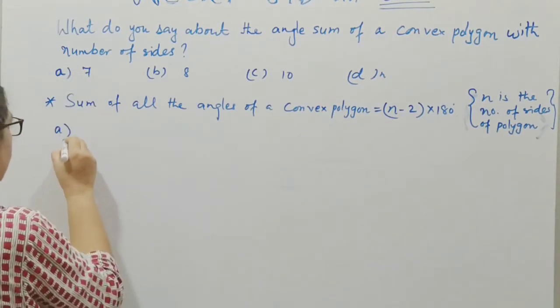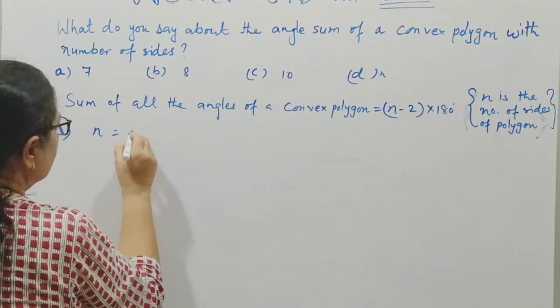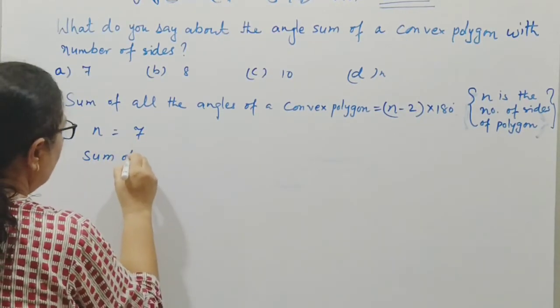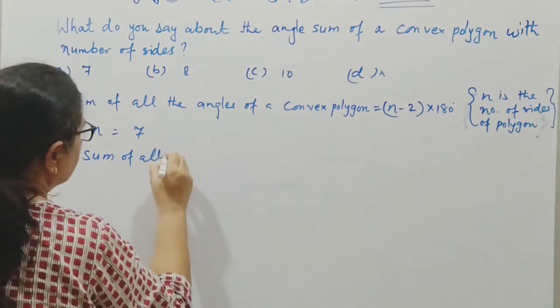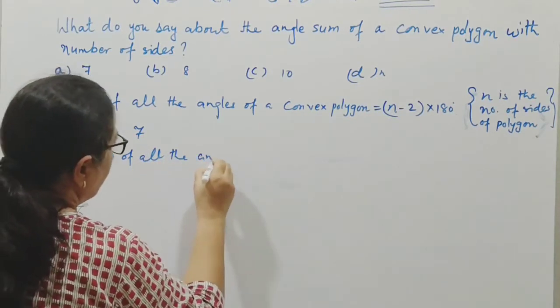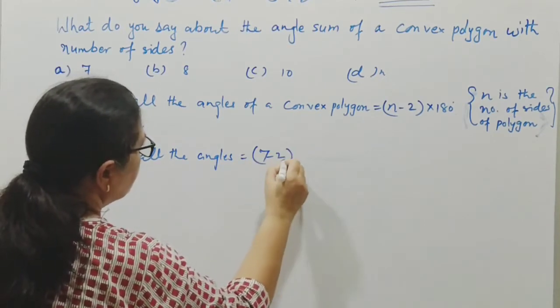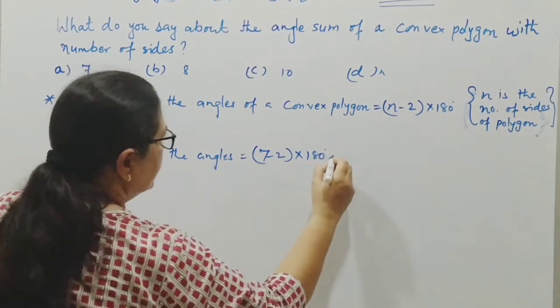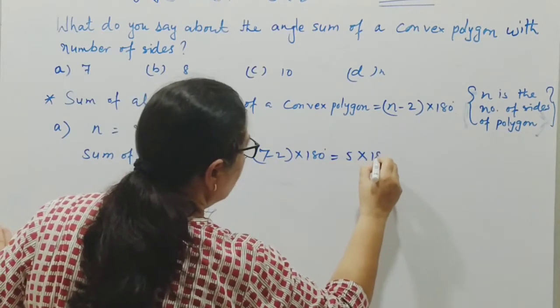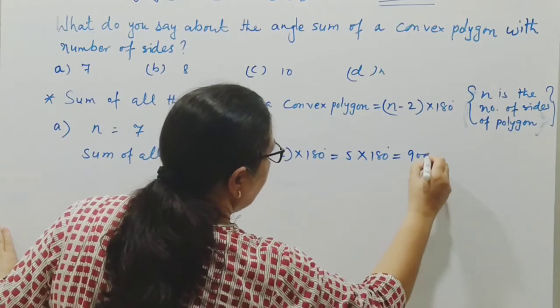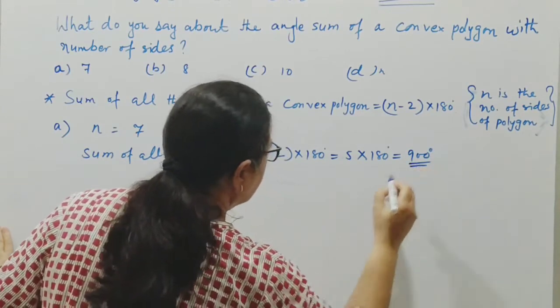For A part, for n equal to 7, the sum of all the angles is equal to 7 minus 2 into 180 degrees. That is 5 into 180, that is 900 degrees.